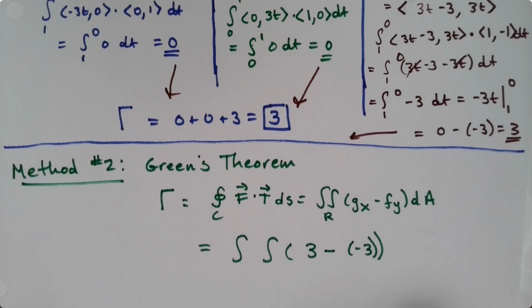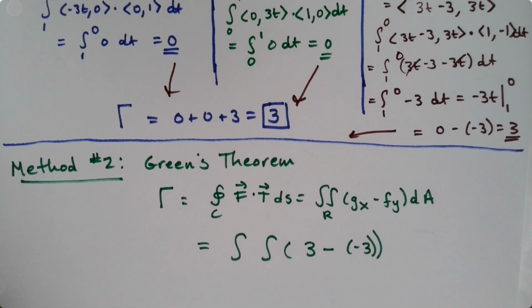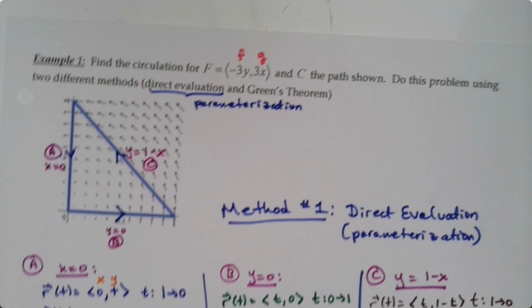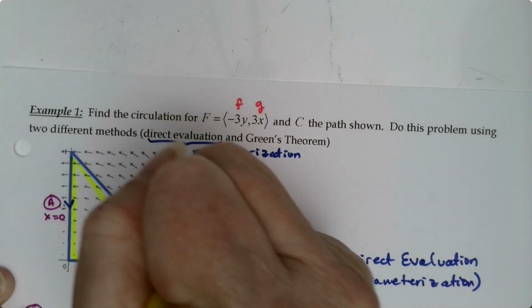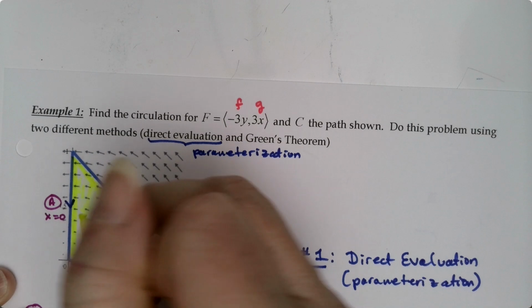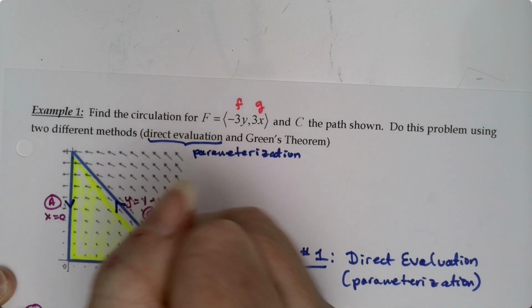All right, now we need to do dA. So we can either go dy dx or we can go dx dy. This sounds familiar, right? So we think about the region inside the triangle now, rather than thinking about the outer edges like we were before when we were parameterizing.